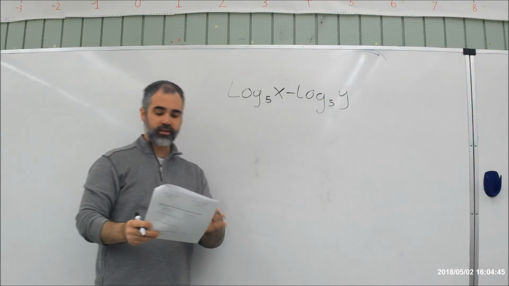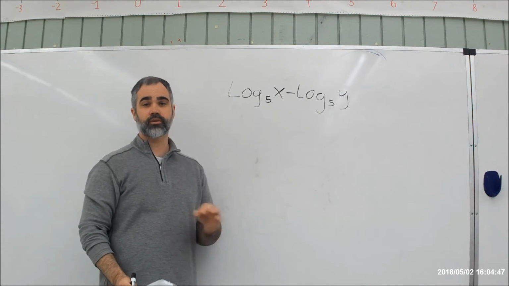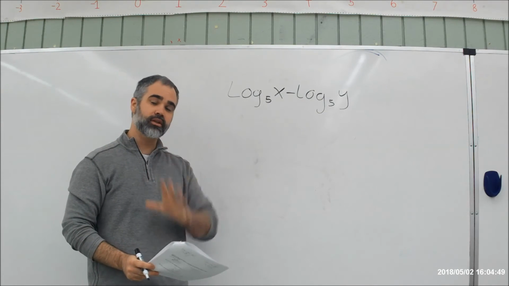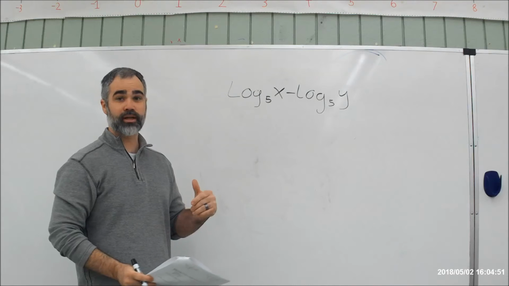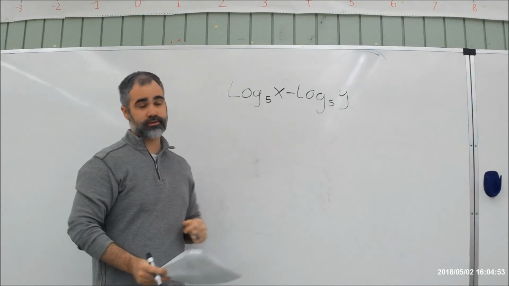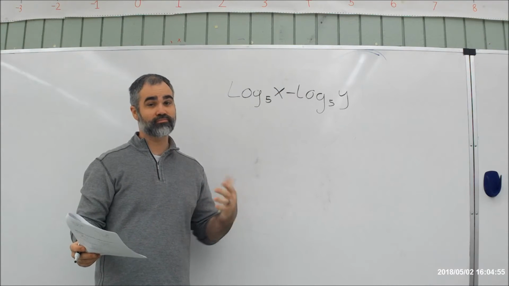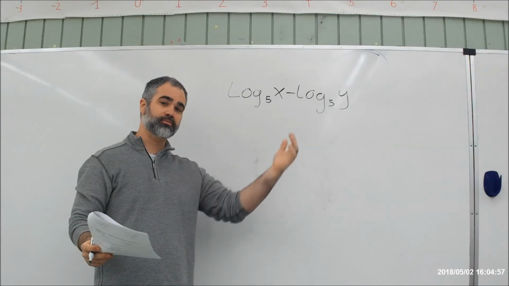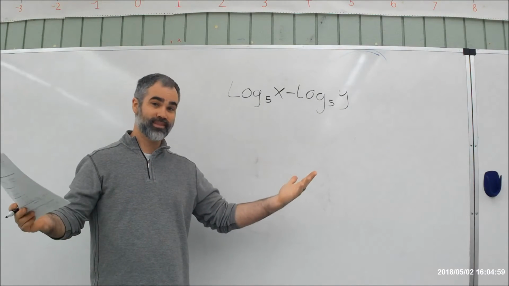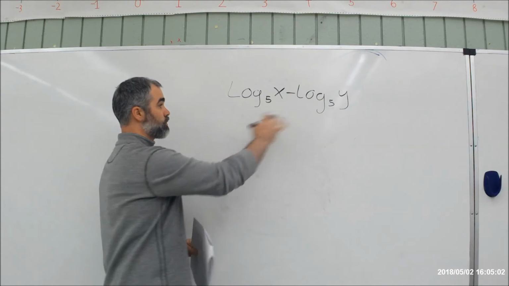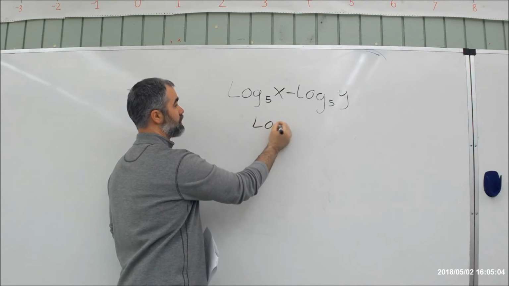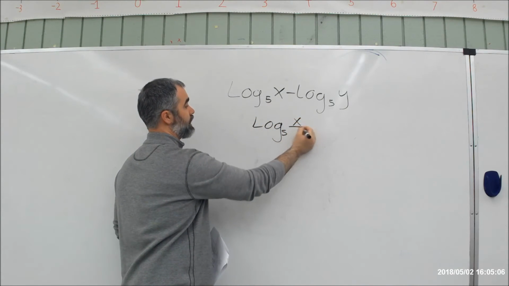Now, I've intentionally left out those numbers in the front if you're looking at your review. Let's look at this first, though, so we can learn the property. When I subtract, what do you think happens? When I add, I multiply. When I subtract, I divide. So when I'm dividing here, it just ends up being log base 5 of x divided by y.